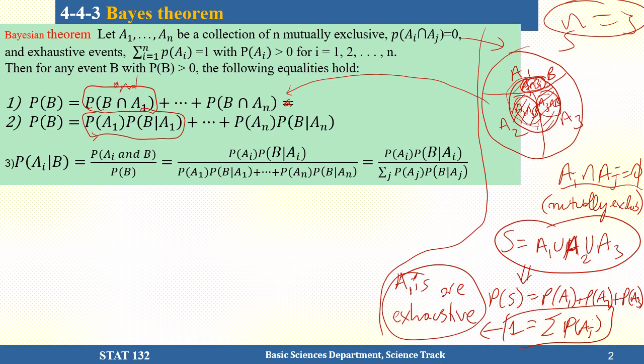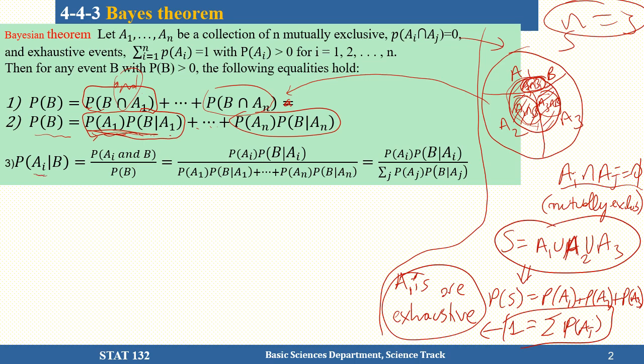You can take it as intersection or "and", same thing. For the others, we will have the same thing. So we can write the probability of B as the probability of A1 times the probability of B given A1, and so on, up to the sum of all this type of probabilities up to An.